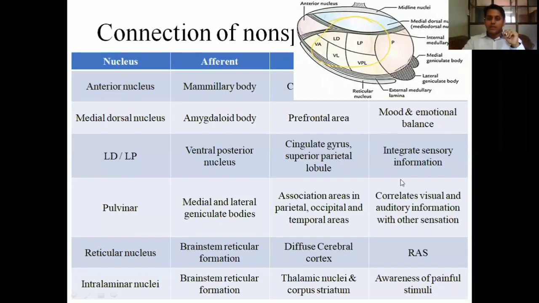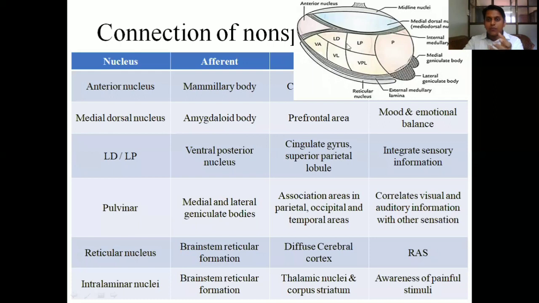Now we have to trace out the afferent pathway for the association areas. So the lateral dorsal and lateral posterior nuclei are the relay center for the maximum association, which integrates the sensory information, and from here it goes into the superior parietal lobule.